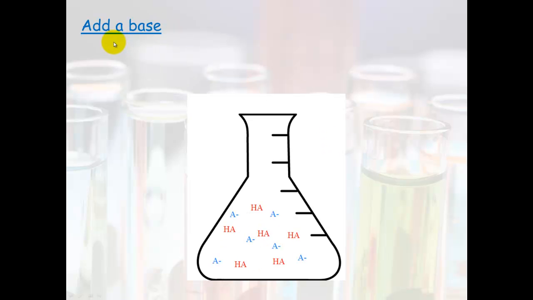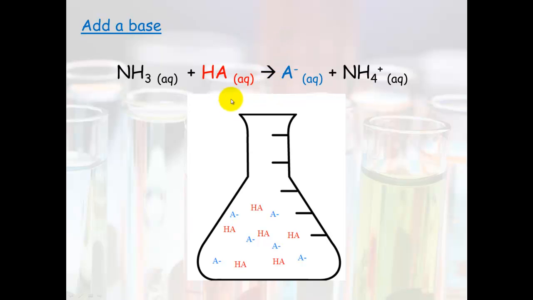If we add a base to a solution with some indicator in it, what will happen is here we add some ammonia. So what's going to happen is the ammonia will act as the base, and it will take the hydrogen from the acid in the indicator to form the conjugate base, which is the blue colour, plus the ammonium ion.